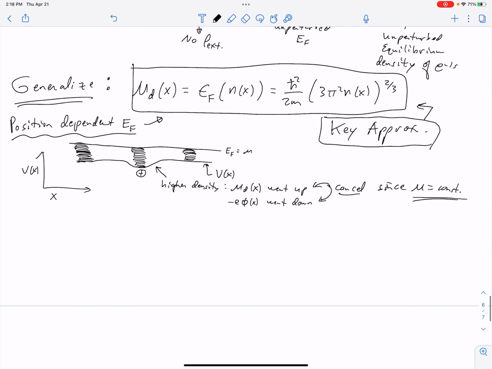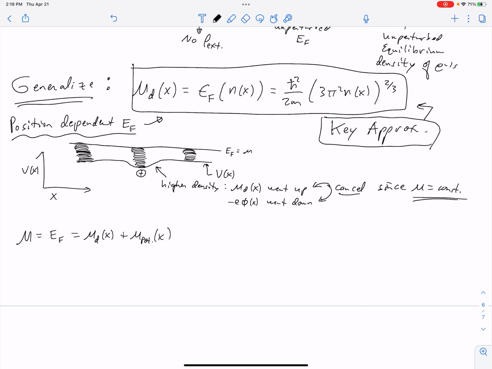Okay, and so that allows us to write a very simple equation. Mu, which is equal to the Fermi energy, is equal to mu d of x plus mu potential of x. But I know that the Fermi energy is a constant.